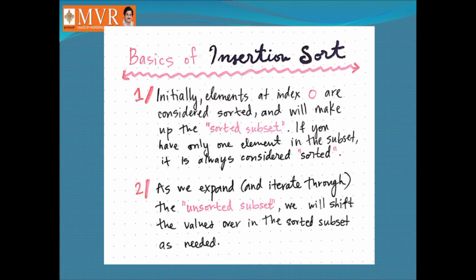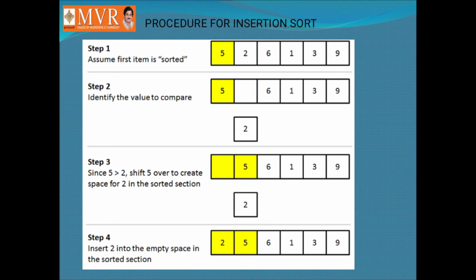If they are in order, then leave it, otherwise swap them and continue the process. See, this is the procedure for the insertion sort technique. This can also be taught as the descriptive algorithm, or you can write this in your exam. Here is a list of elements.